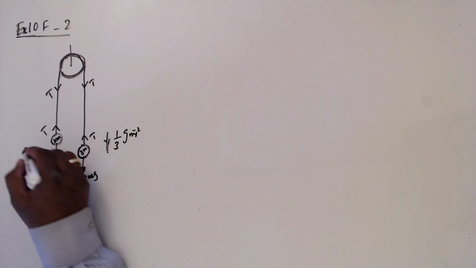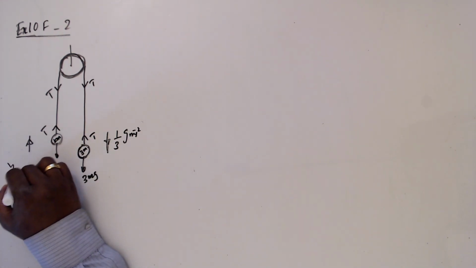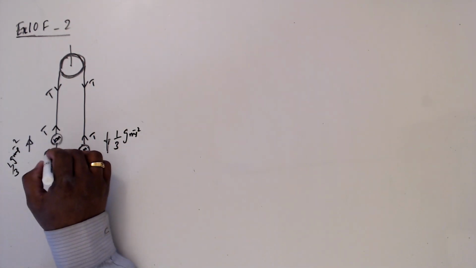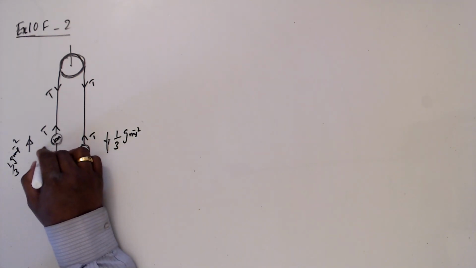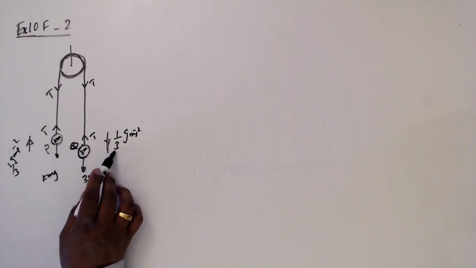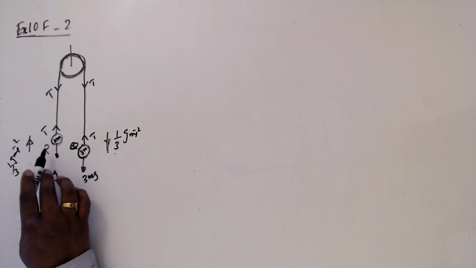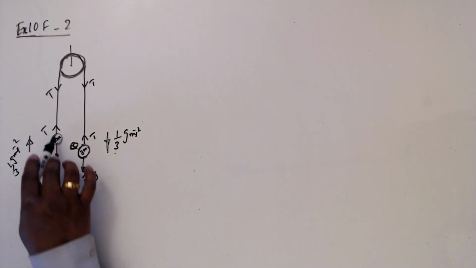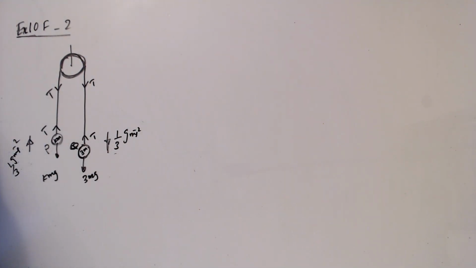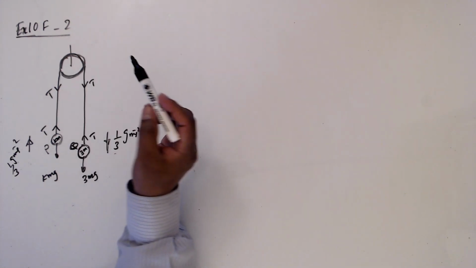This direction, it means the other one has the same acceleration upward, 1 over 3 g ms^-2. This is particle P and this is particle Q. And why do they both have the same acceleration? This is downward and this is upward, the magnitude is the same, because it is an inextensible string as well as a smooth pulley.